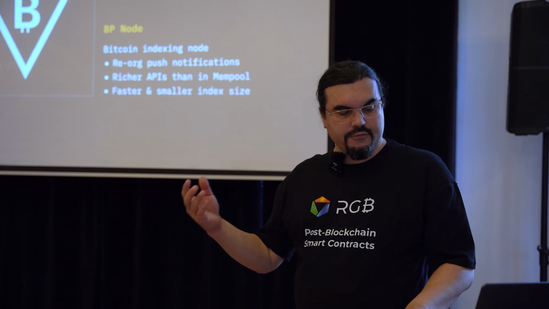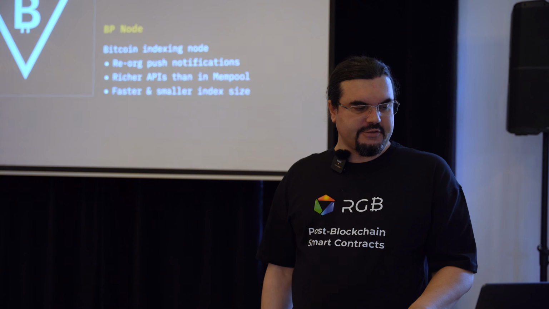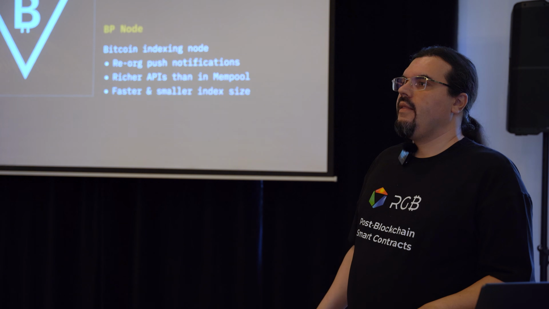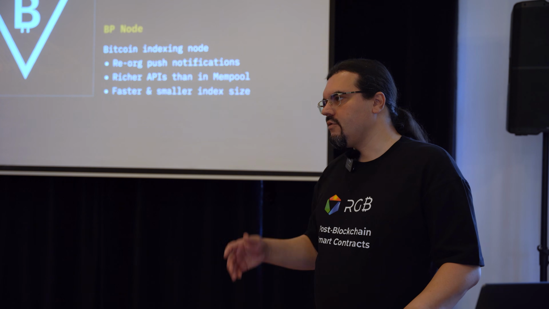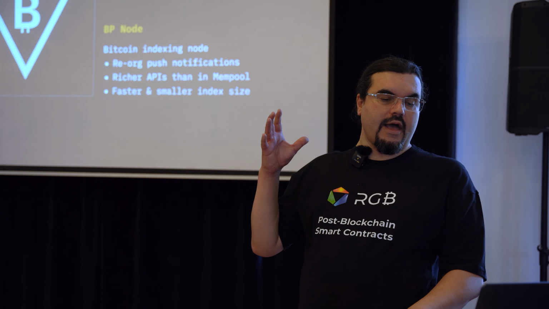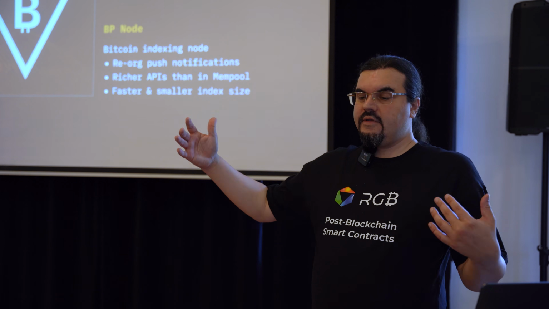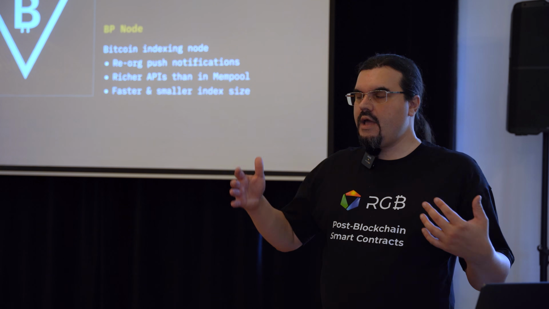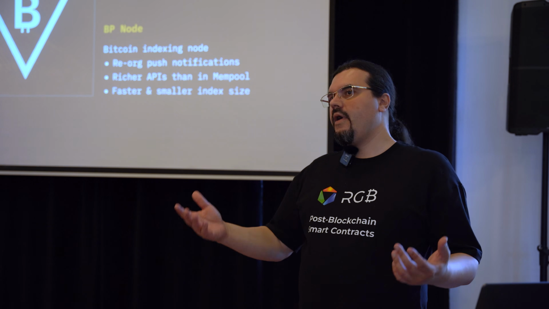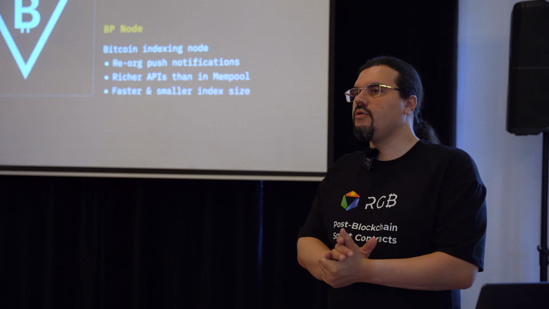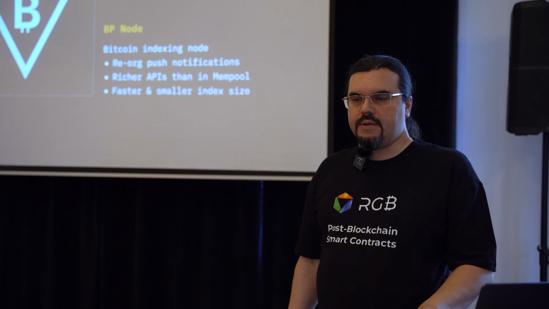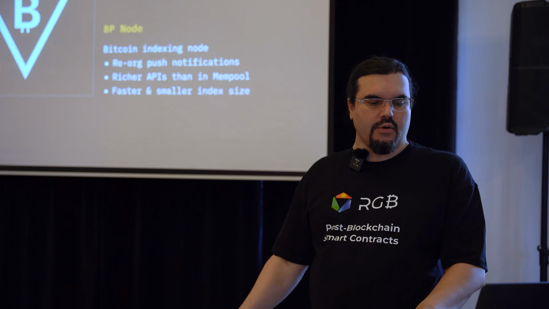It's also faster and has a smaller index size. So this BP library will go live and be released together with RGB, and we will announce that on the Bitcoin mailing list. It's basically a stack which presents an alternative to Rust Bitcoin and BDK libraries, providing a different implementation for those parties who are not satisfied with their compatibility, functionality, or stability.